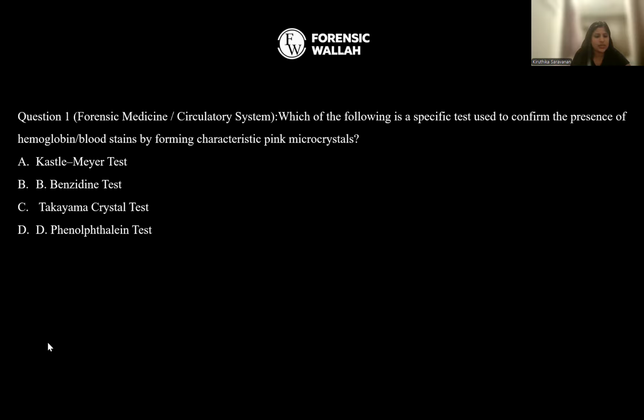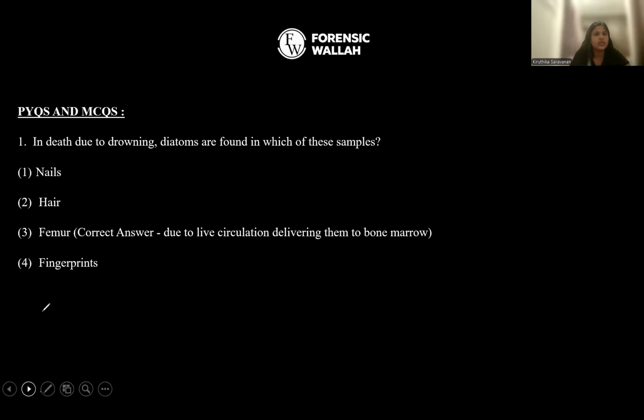And now the next. In death due to drowning, diatoms. You will study about diatoms in detail when we are covering forensic botany. Diatoms are certain specimens, basically like yellow algae. They are found in almost all water bodies and they are very resistant.